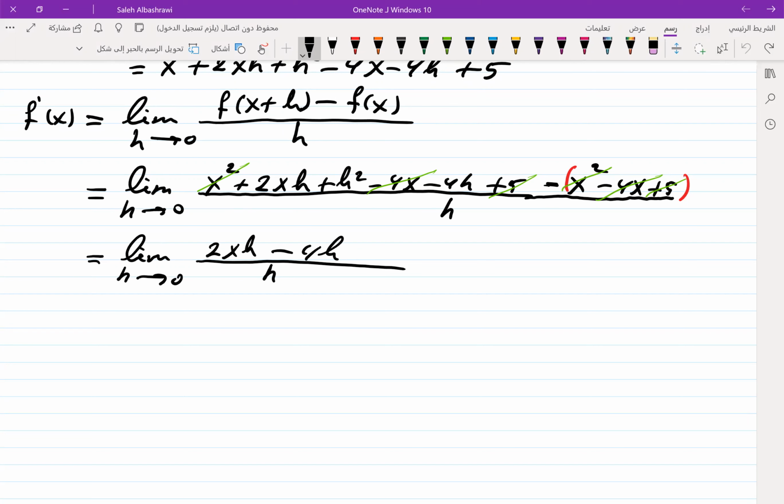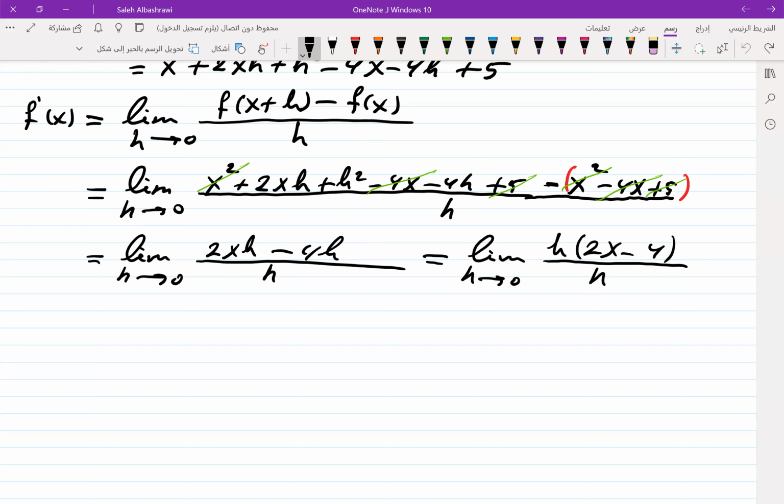Now if we replace h by 0, I will have 0 over 0, which means that I need to simplify it. So this is equal to the limit. For the numerator, I'm going to take h as a common factor. So I will have 2x minus 4 divided by h, where h goes to 0.